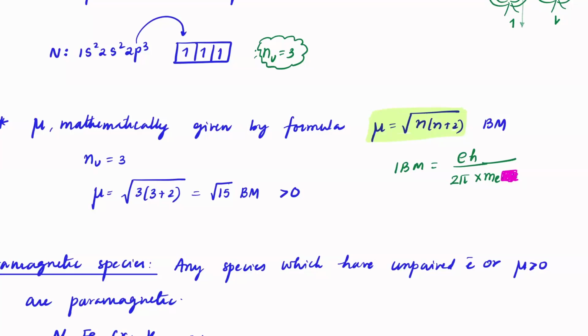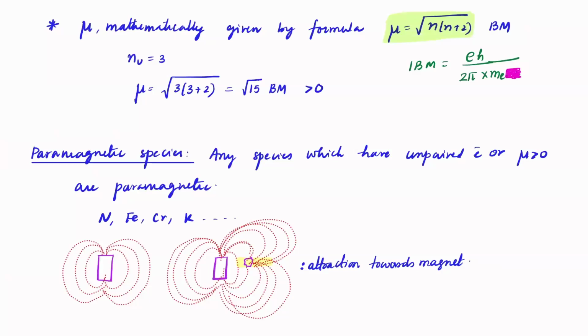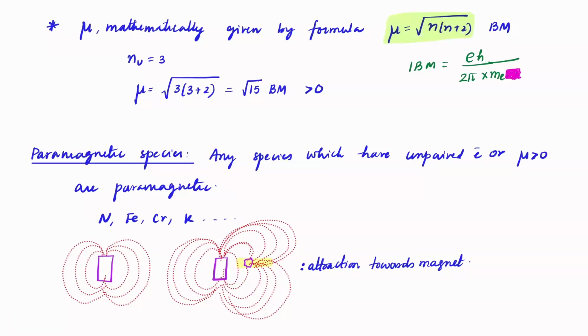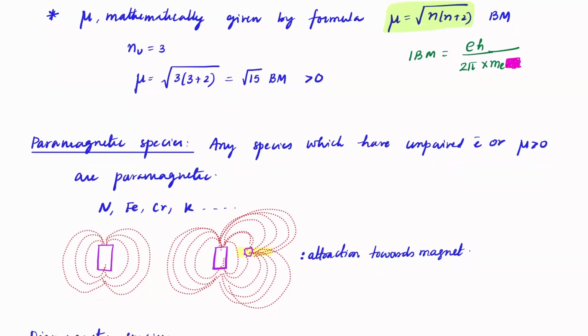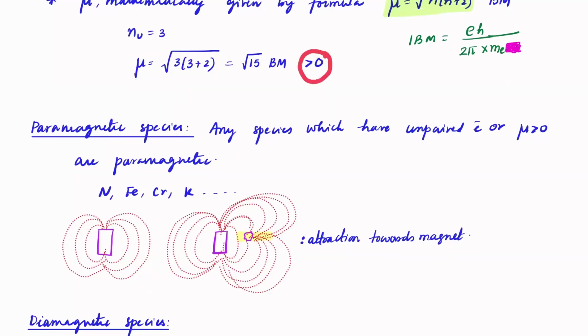Now notice one important property. If any species, any atom or any ion, positive ion, negative ion or a neutral atom, anything, if you check out their mu value and find that the mu value is greater than 0, which means definitely that particular species will have at least one unpaired electron.